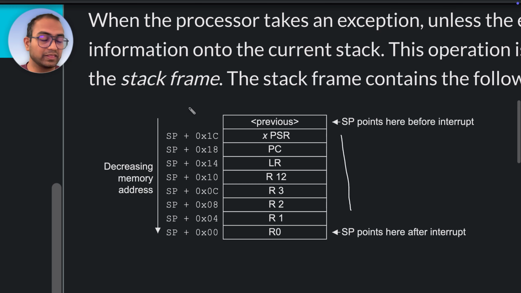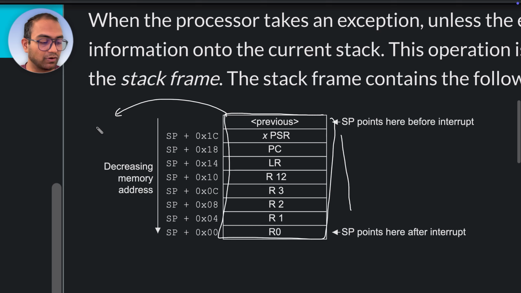Again, when the interrupt happens, the CPU saves all of these registers on the current stack automatically, whichever stack it was using, whichever SP value it was using. And then it will go ahead and change the program counter value to the interrupt subroutine's address.